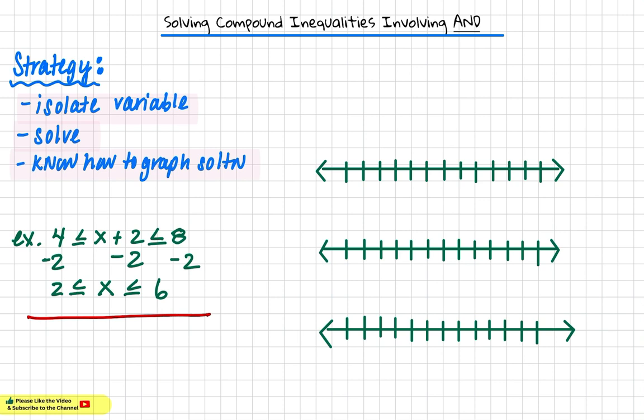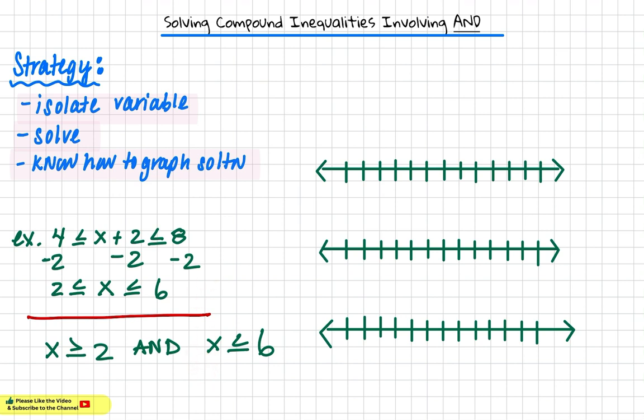So we're familiar with both. We can write x is greater than or equal to 2, and x is less than or equal to 6. These two are saying the same thing in different ways, and they're both correct.